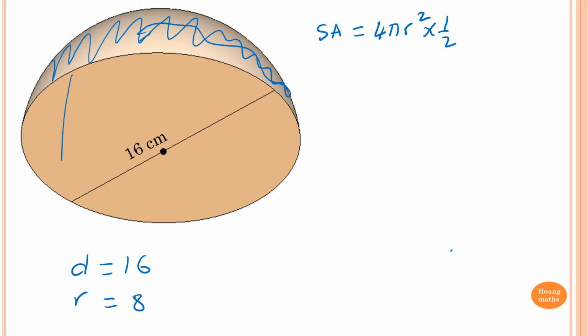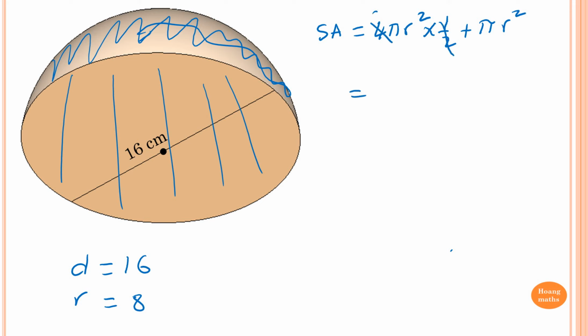Then I need to add the circle as well, of course, which is the area of a circle, pi r squared. Then I simplify this: 4 and half of 4 is 2, so 2 pi r squared add another pi r squared. So 2 pi r squared and 1 more, which is 3 pi r squared.